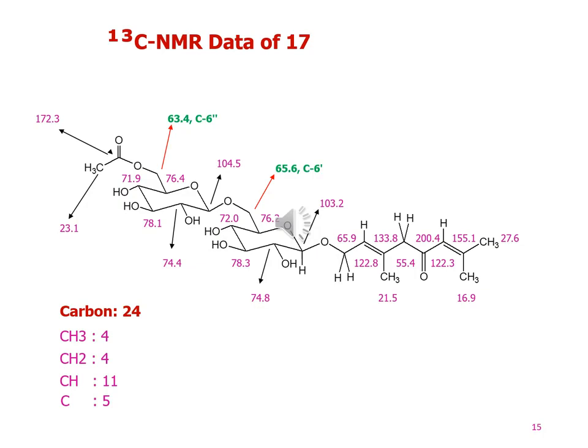The signals for the oxygenated carbon attached to the first glucose unit are 65.9 and 103.2. So this confirmed the presence of two glucose units and one acetyl unit.